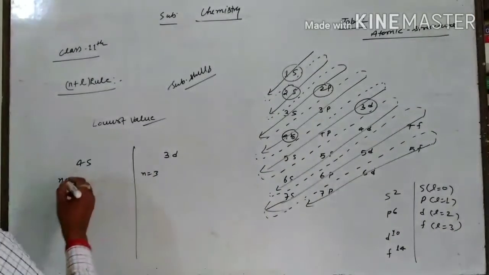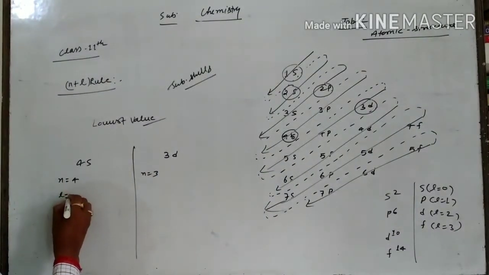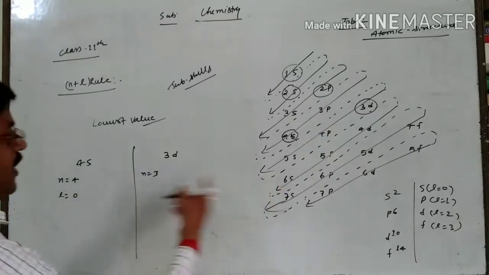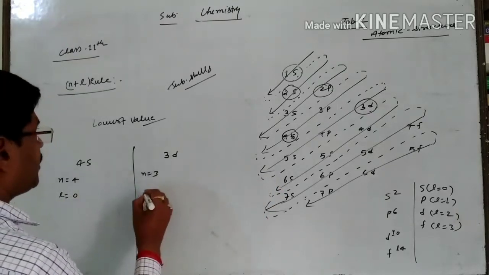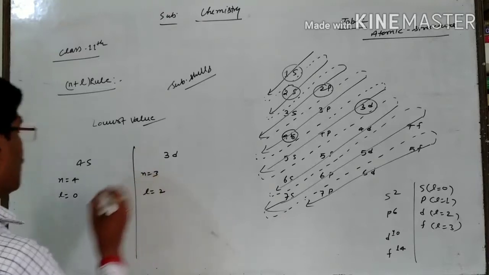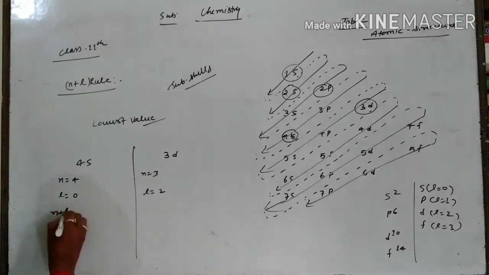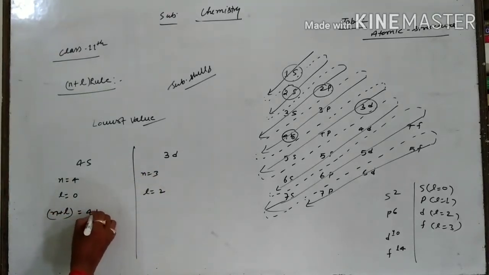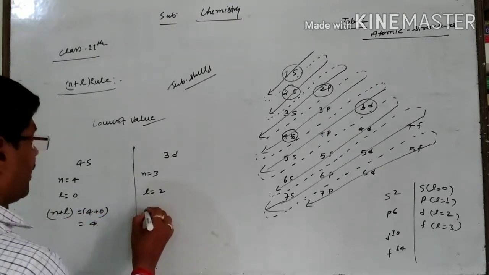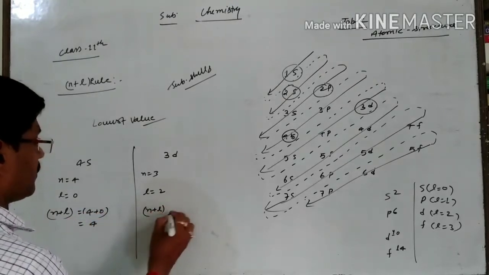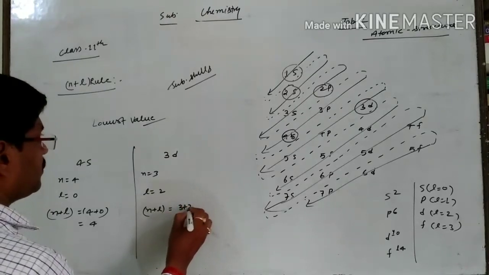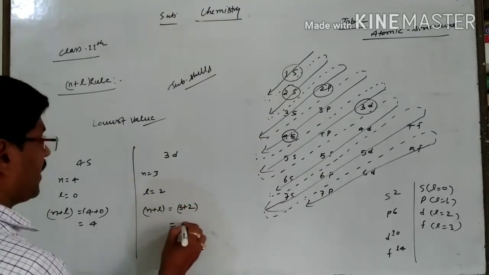So for S, L is equal to 0, and for D, L is equal to 2. So n plus L is 4 plus 0, which means 4, and for the other, n plus L is 3 plus 2, which means 5.